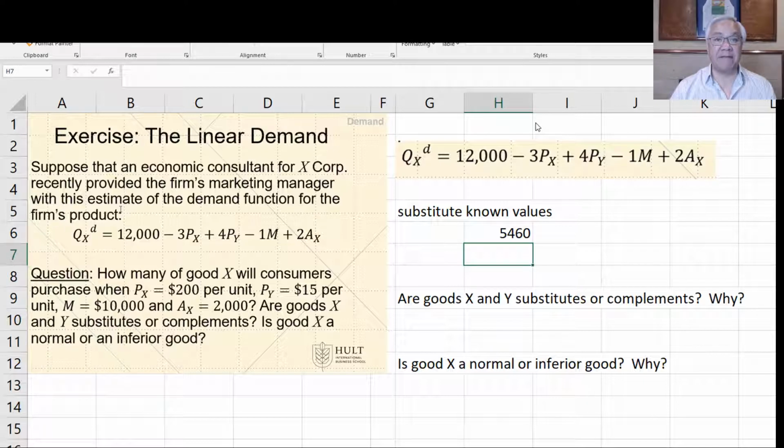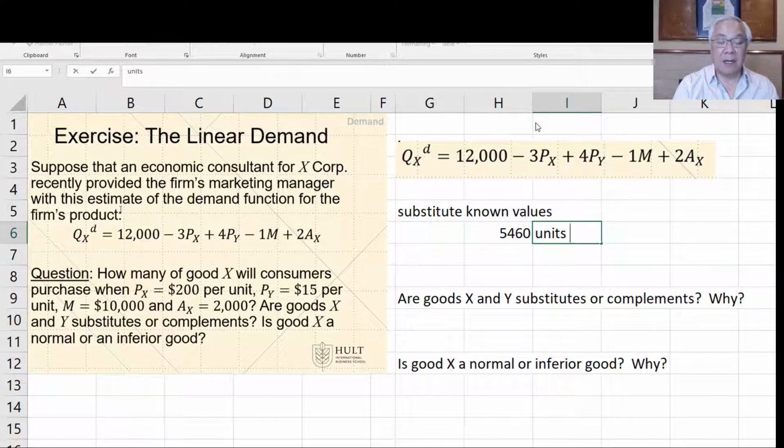So the answer is 5,460 items which would be sold. So that's how much we would sell. These are measured in units of product or good X.